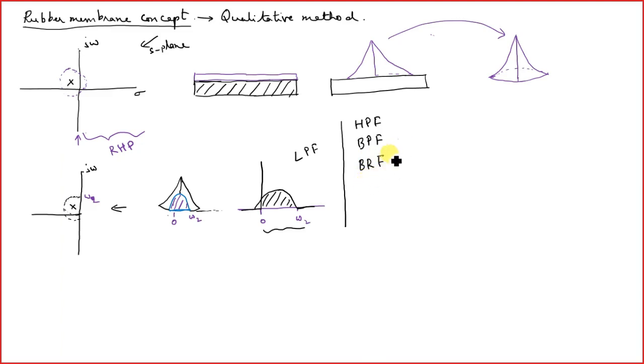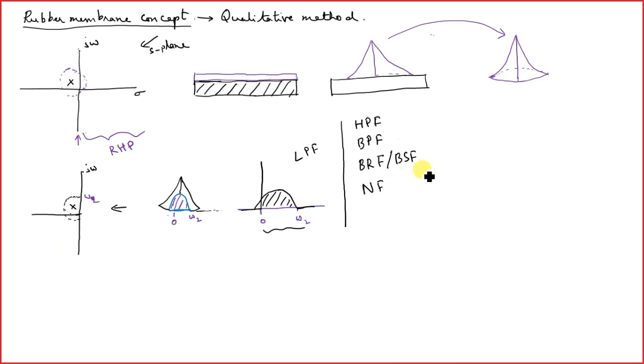Then band reject filter is also known as band stop filter. Then you have notch filter. Okay. These are some of the common ones. There are other filters like comb filter, which I am not discussing today.